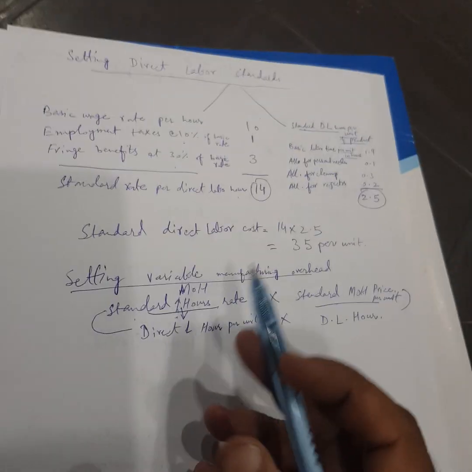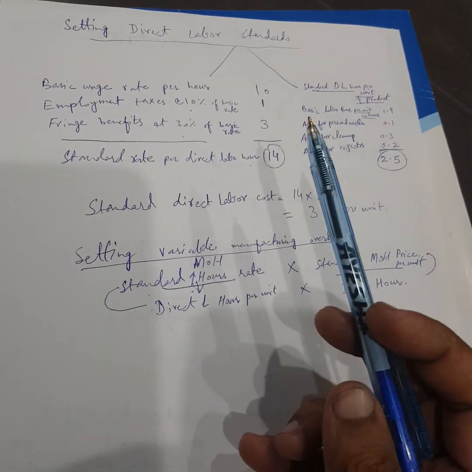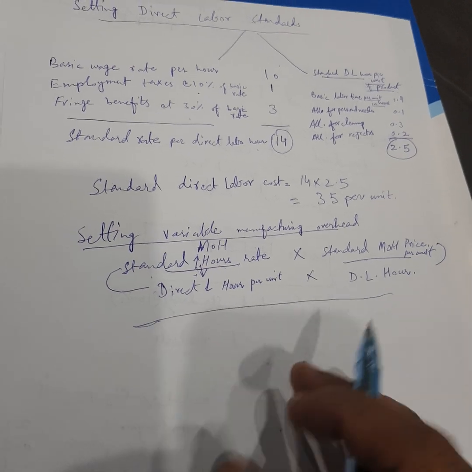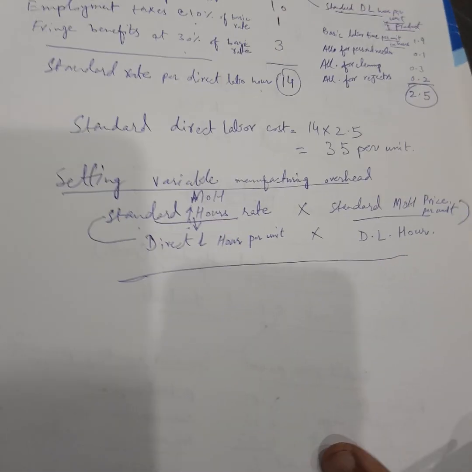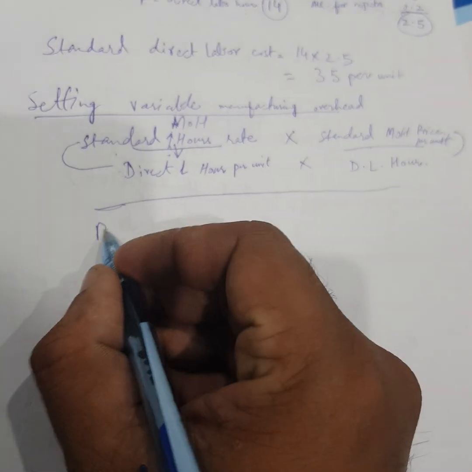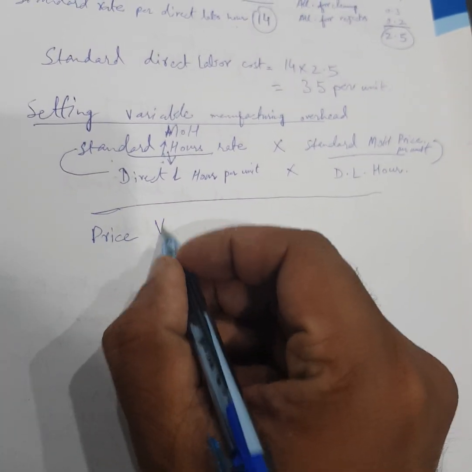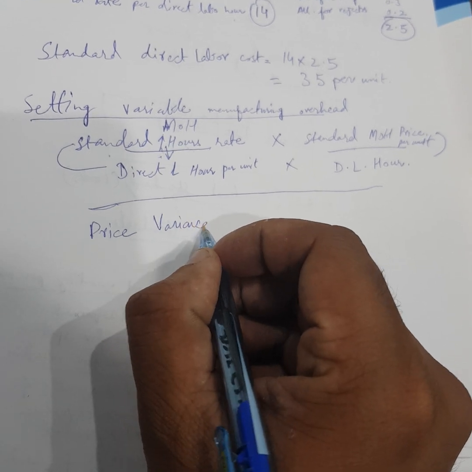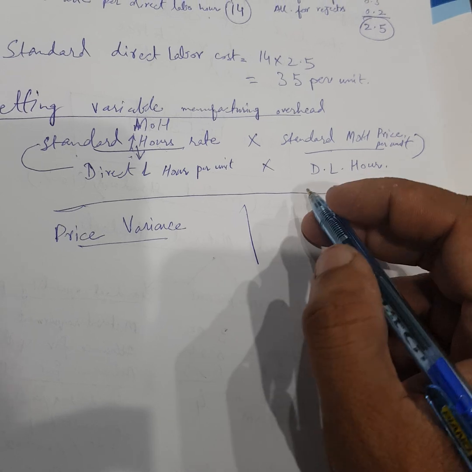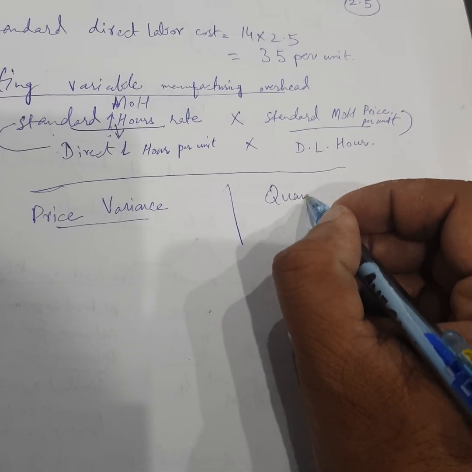As we discussed about the standards or standard quantity, standard rates, there are some deviations, variances, that can occur in these types of calculations. Like there is a price variance, and there will be a quantity variance.